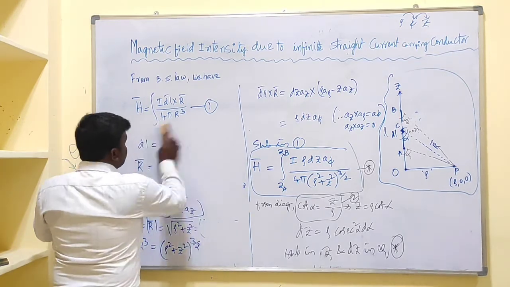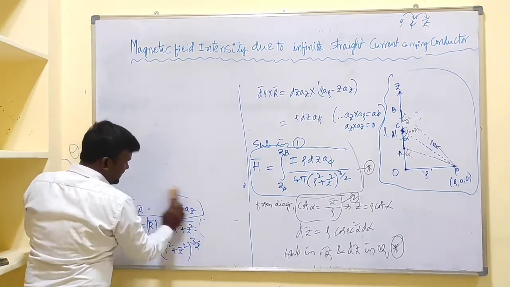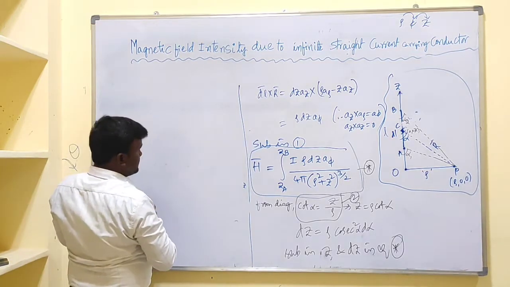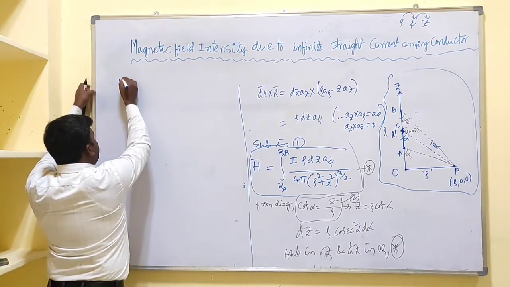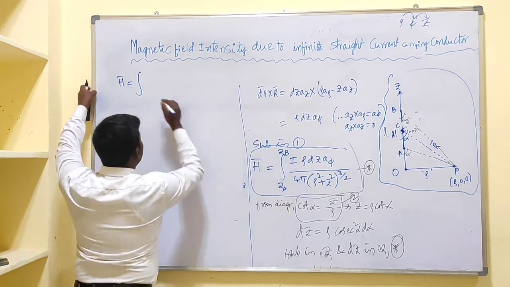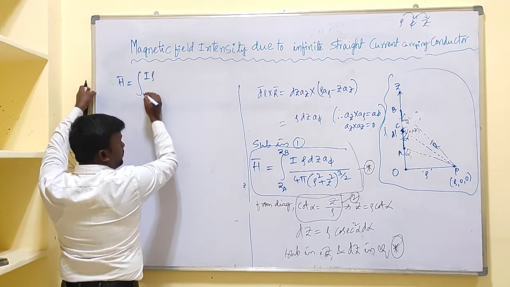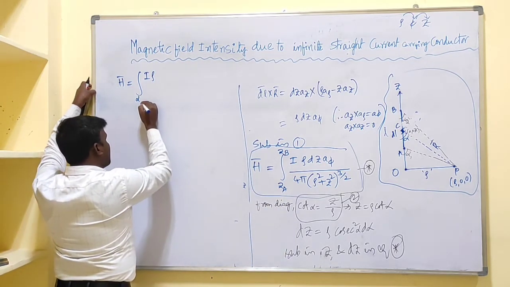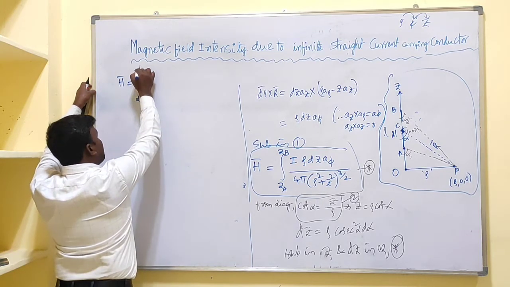the equation, which I will write here. H equal to the integral of I into rho, and the integration is changing from z to alpha, so the limits are alpha 1 for the lower end and alpha 2 for the upper end.